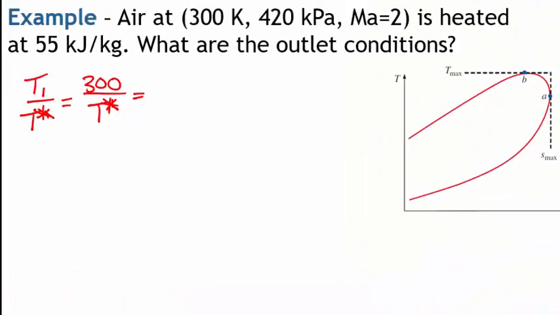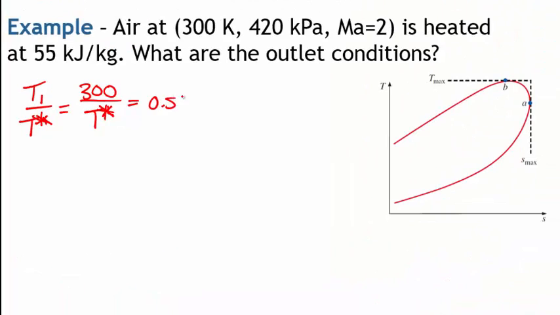So 0.5289. And now I'm going to solve for what is T star from there. And so T star, the temperature of my choked flow, is going to end up being 567.2.